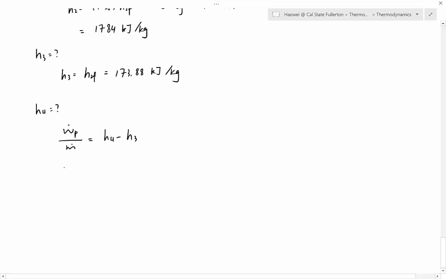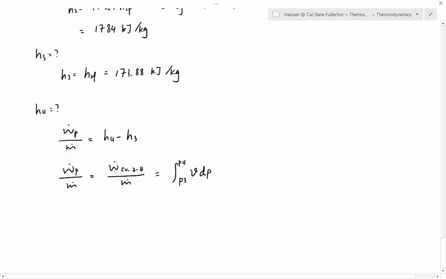Okay, and then let's also recall W dot pump over M dot can be rewritten as W dot control volume work for process 3 to 4 over M dot. And for control volume work over mass, we have an equation for that. We proved that in the first video of this week's class: it is equal to integral nu dp from P3 to P4.